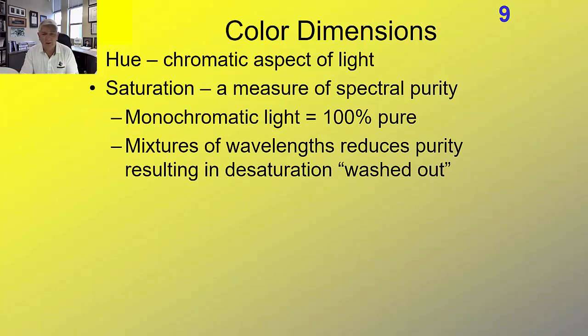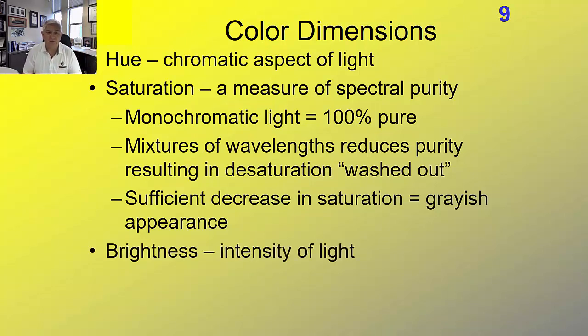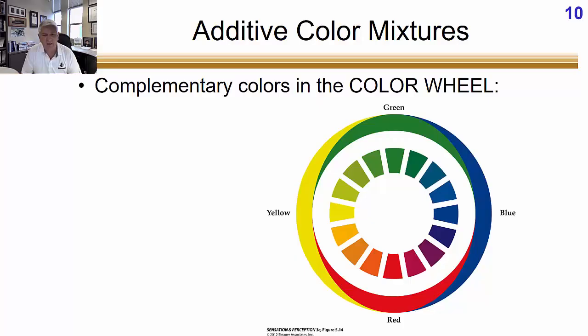We've turned the saturation all the way down, and we lose the ability to detect that color. It becomes washed out, right? And as we get decreases in saturation, we get sort of that grayish appearance. We can also vary the intensity of the light, and that can affect our hue perception as well.